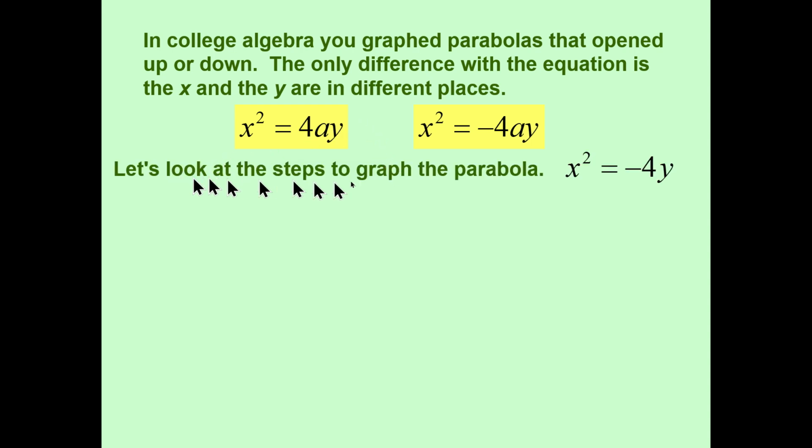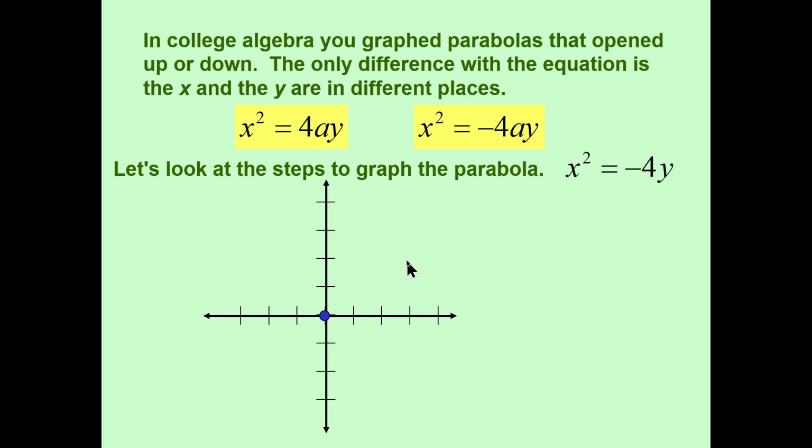Let's look at the steps to graph the parabola x squared is equal to minus 4y. Okay, so in this case, the center is at the origin here.